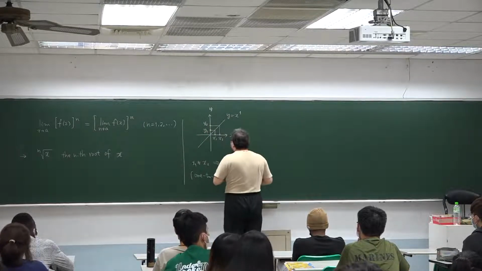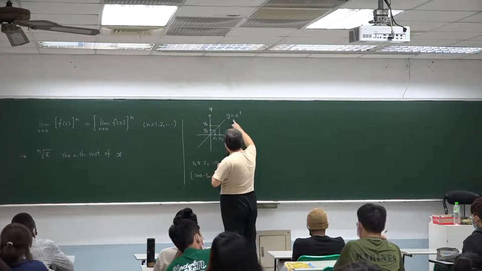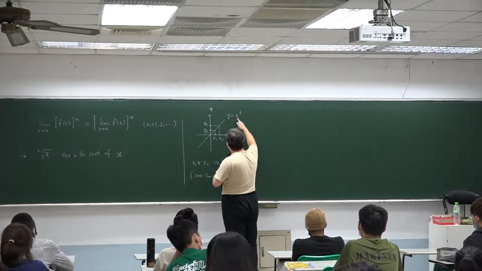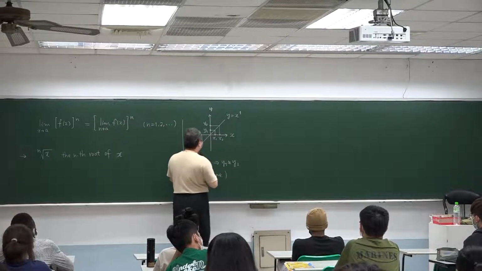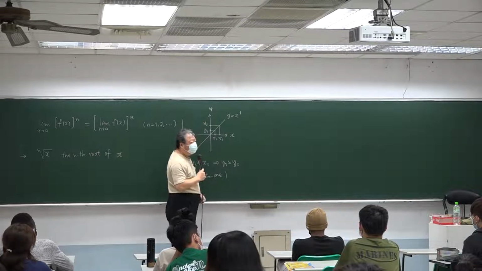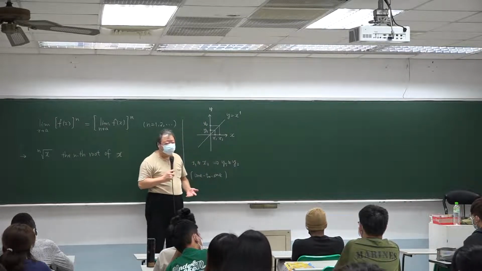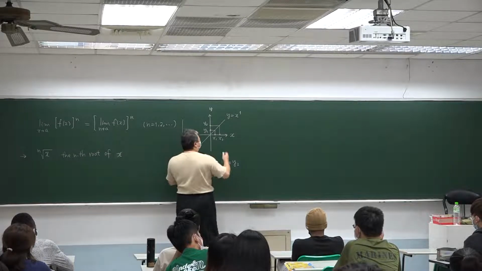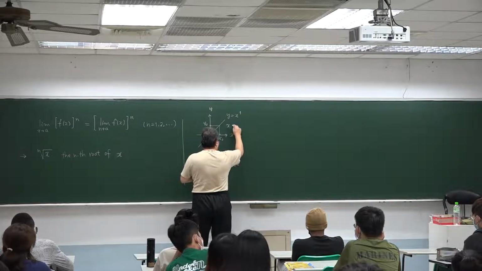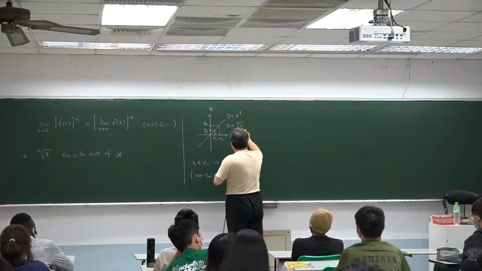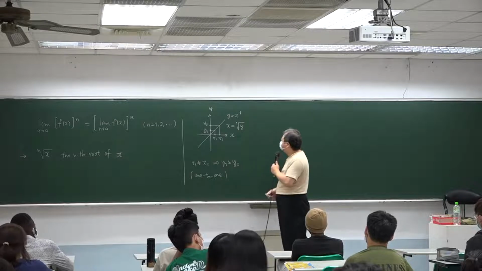So in this notation, y is a function of x. If we let y be the independent variable, then x is also a function of y. Here we will write x equals the nth root of y.